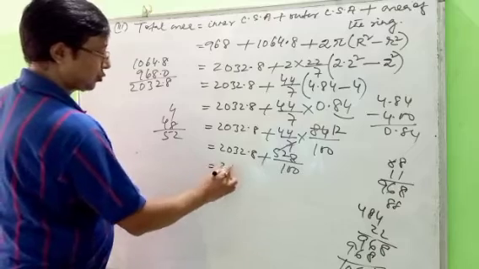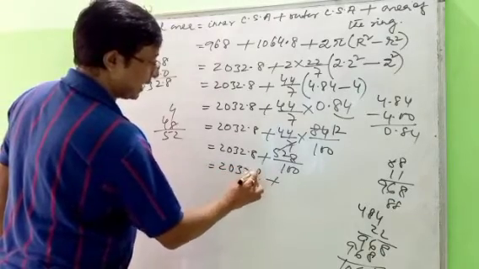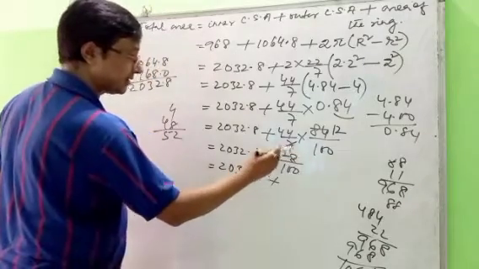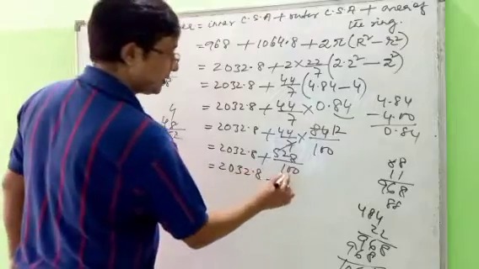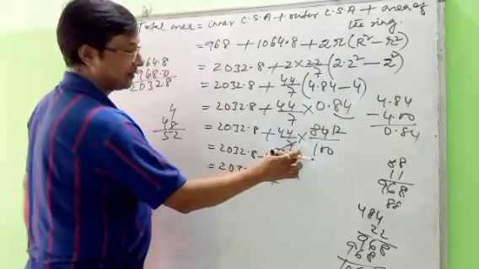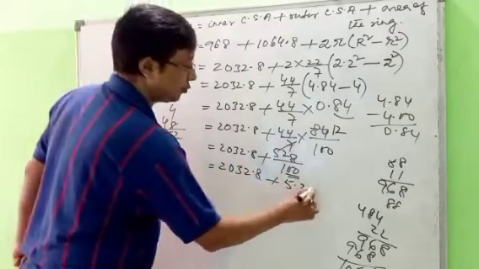So equals 2032.8 plus, now the number of zeros is 2, so the point will move towards the left after 2 digits, so that will be 5.28.